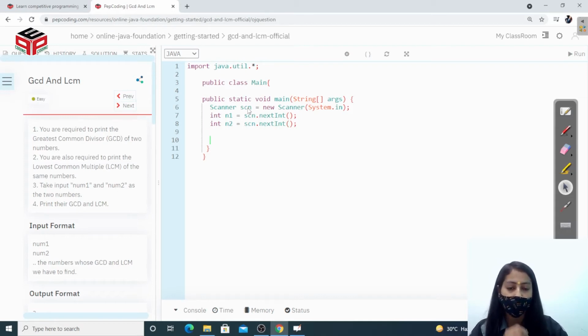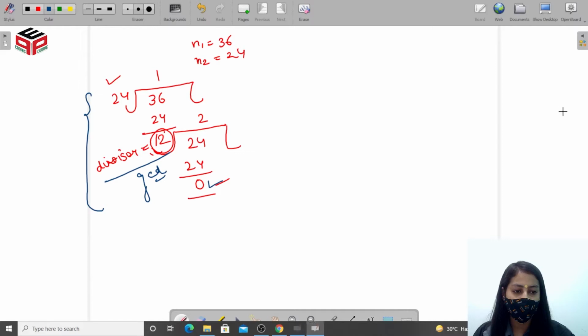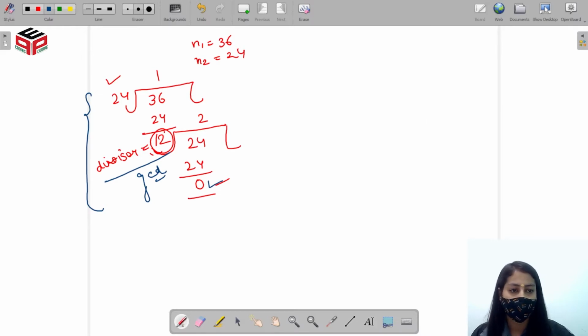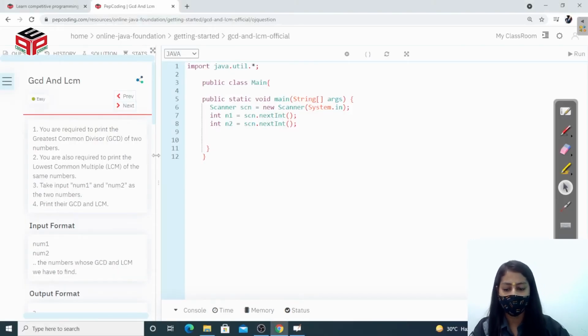Next we have to perform this division until we get the remainder as 0, right? So while the remainder is not equal to 0, we have to perform this division.